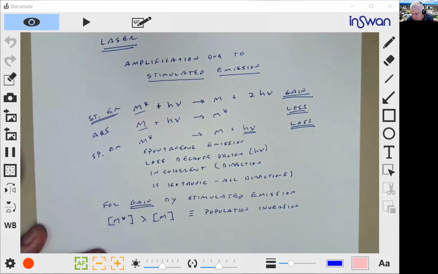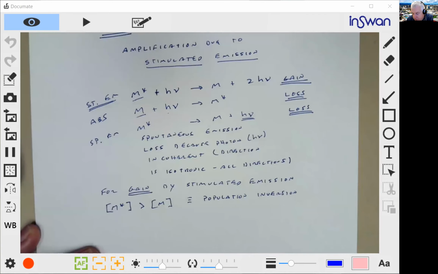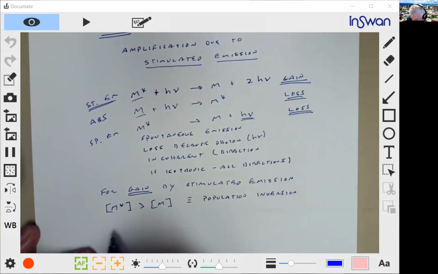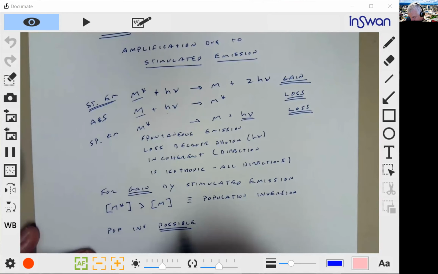And population inversions are possible when M is not the ground state.